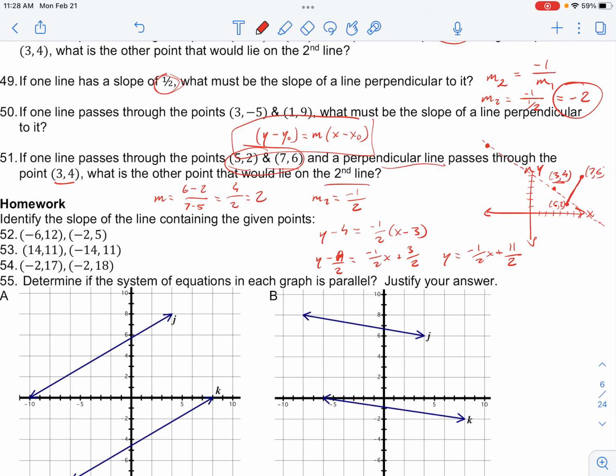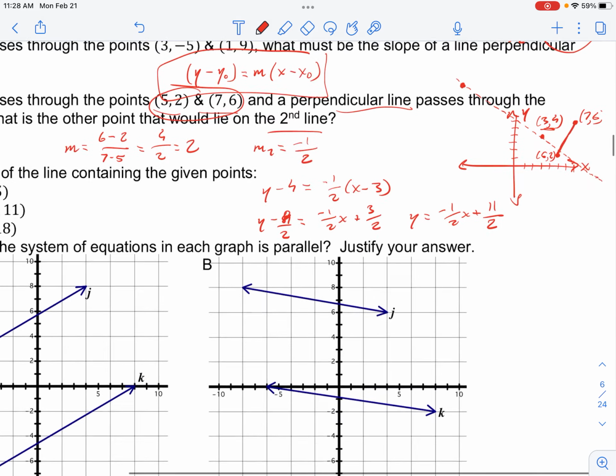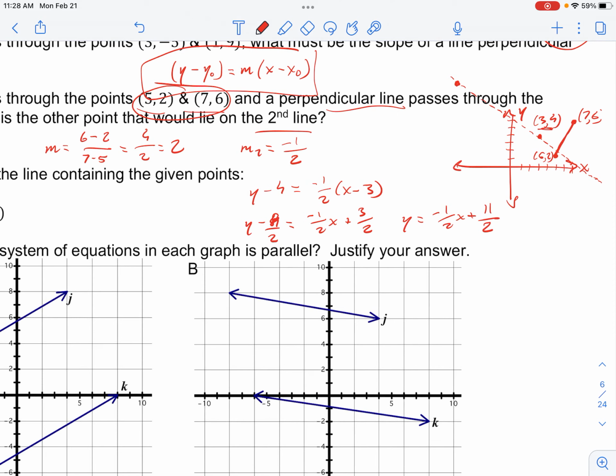So let's just go ahead and choose a random point. I'll choose x equals 1. So at x equals 1, y would be negative 1/2 times x plus 11 halves. So this would be negative 1/2 plus 11 halves, which would be 10 over 2, which would give me 5.